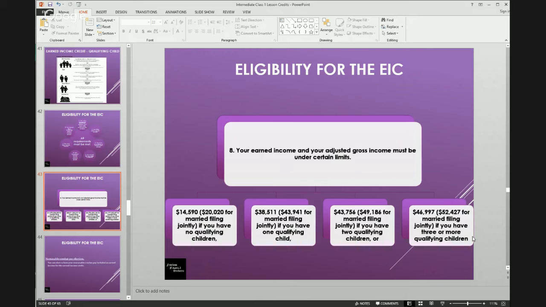It goes even higher if you have two qualifying children. If you have three or more qualifying children for a single or head of household return, it would be $46,997, and if you are married filing jointly, you can earn up to $52,427 and still receive an earned income credit.